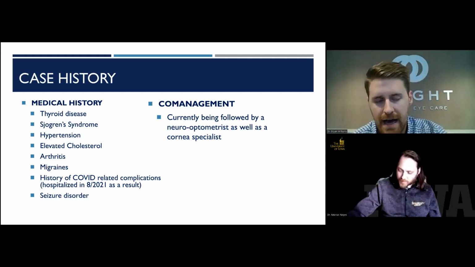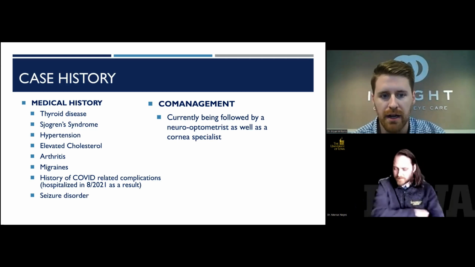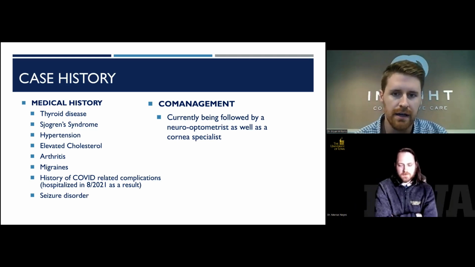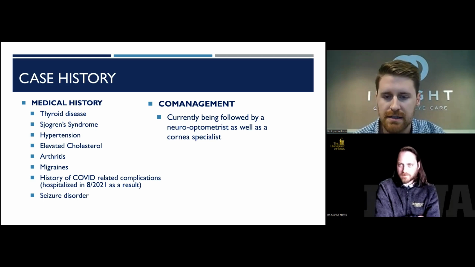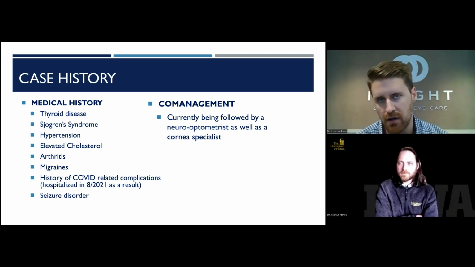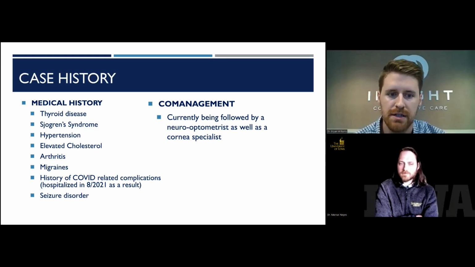Coming out of that, she had a whole lot of binocular vision and balance issues that she was actually being followed by a neurooptometrist for. So lots of prism glasses and things that we were going to have to also take into account whenever we were fitting the lenses on this patient.